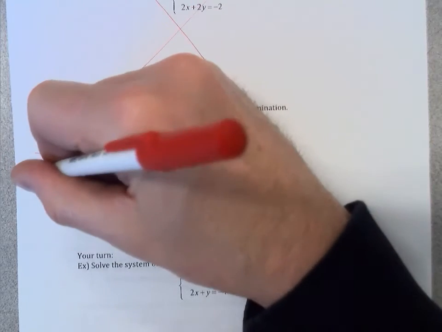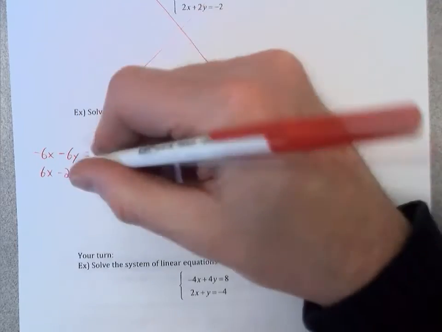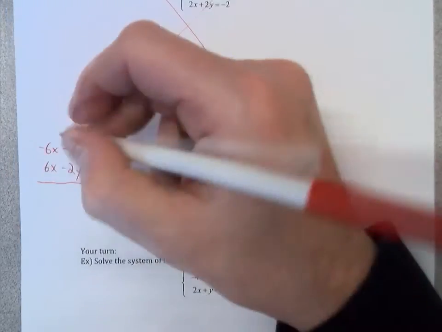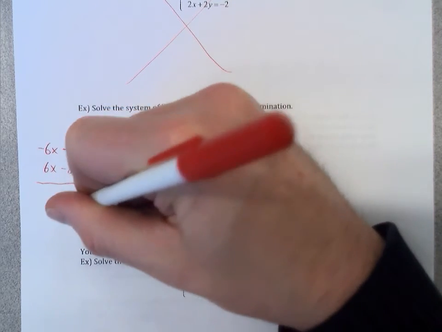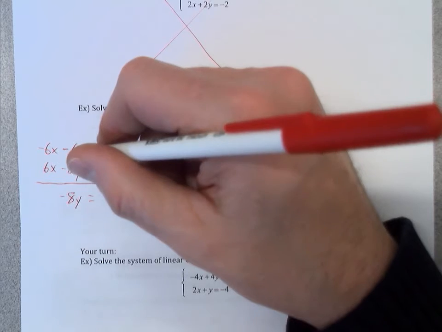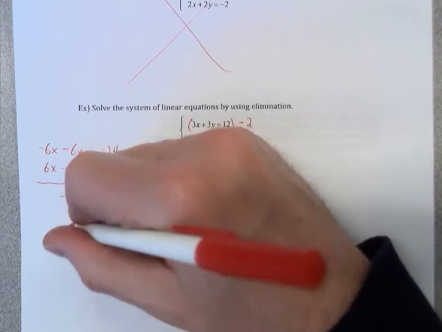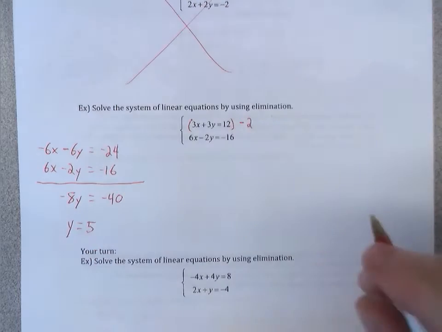And then below that, I'll have 6x minus 2y equals negative 16. And so now I'm going to have negative 8y. And that is going to be equal to negative 40. So y is going to equal 5.